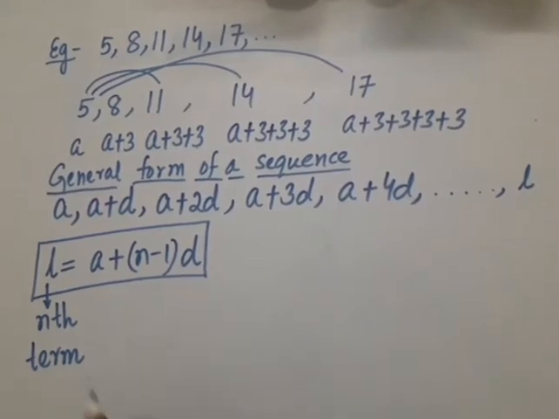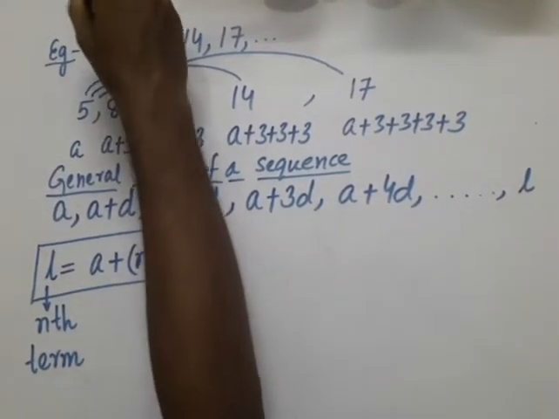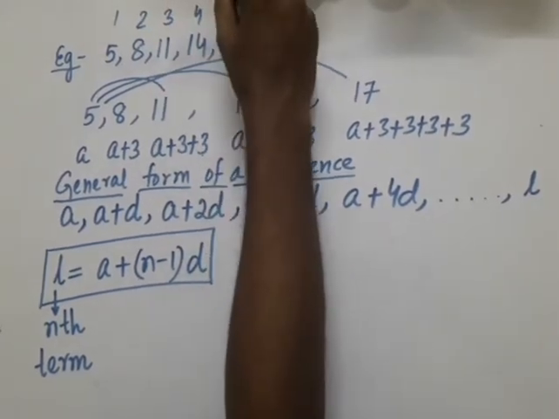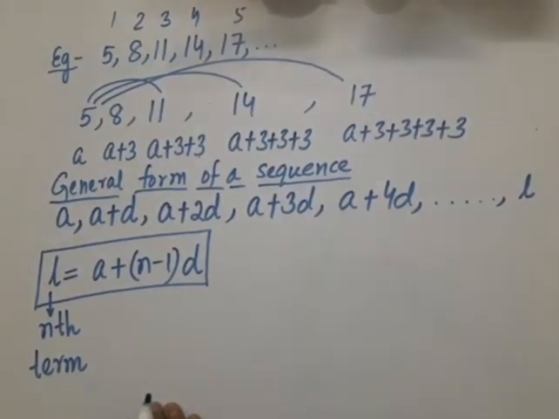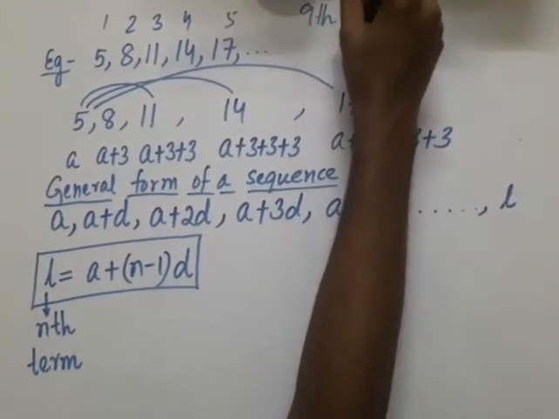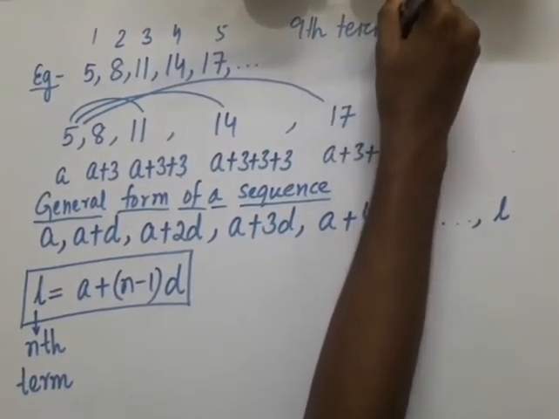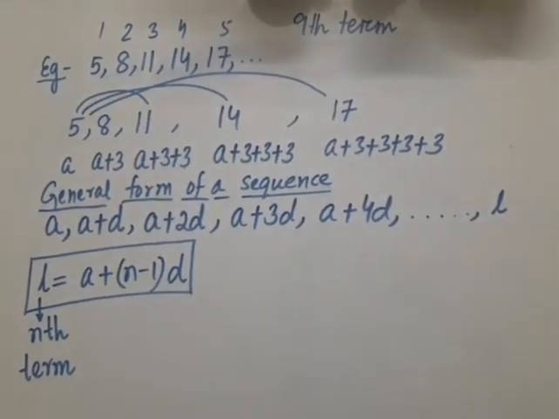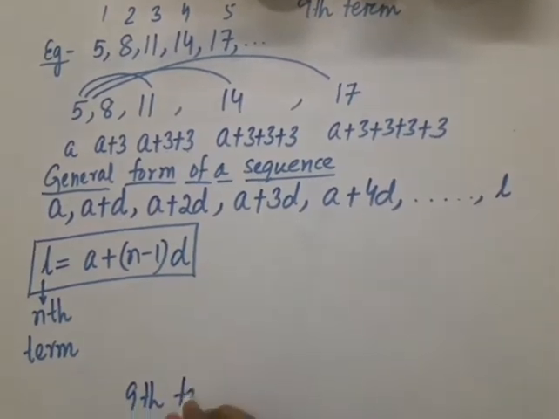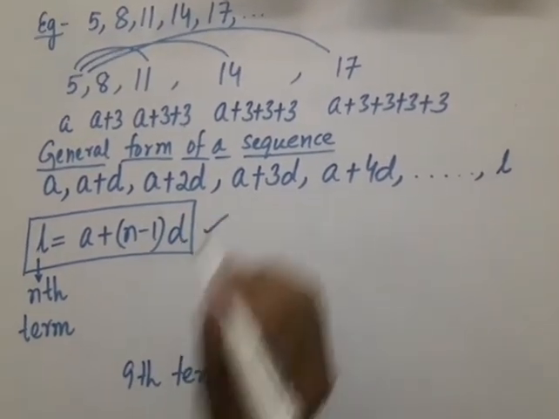Suppose let's consider this. This is the first term, this is the second, this is the third, fourth, and the fifth. The question is given, let's find the ninth term of this sequence. Now we can find the ninth term by using this particular formula.